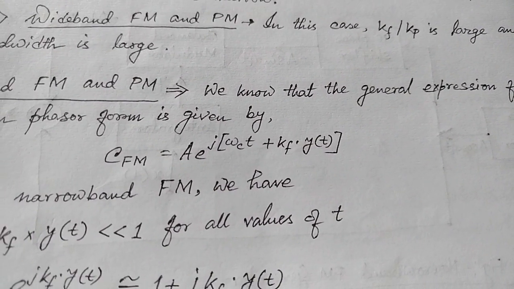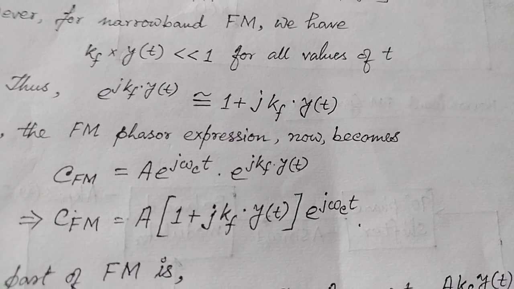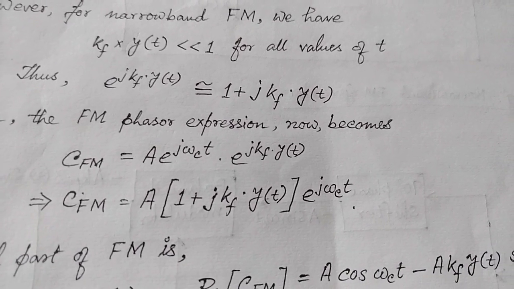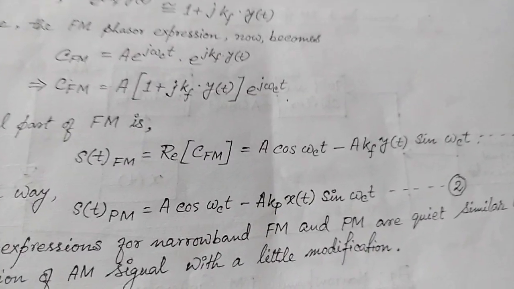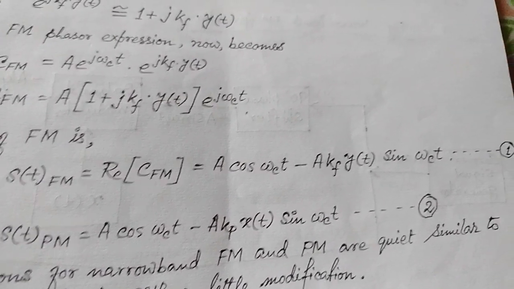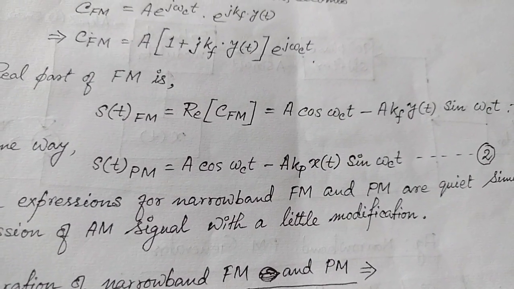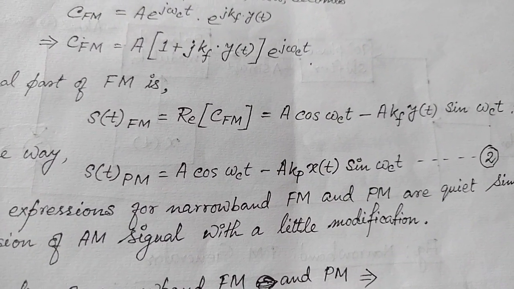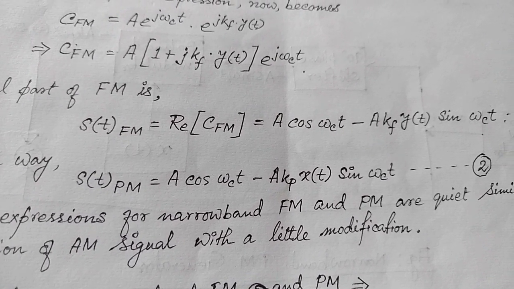From here, e to the power j(omega_c t plus Kf y(t)) we can derive like this: e to the power j omega_c t into e to the power j Kf y(t). The e to the power j Kf y(t) will become 1 plus j Kf y(t). So the real part of c_FM would be like this: A cos omega_c t minus A Kf y(t) sin omega_c t. In a similar fashion, we can have the expression of narrowband PM, which is A cos omega_c t minus A Kp x(t) sin omega_c t.